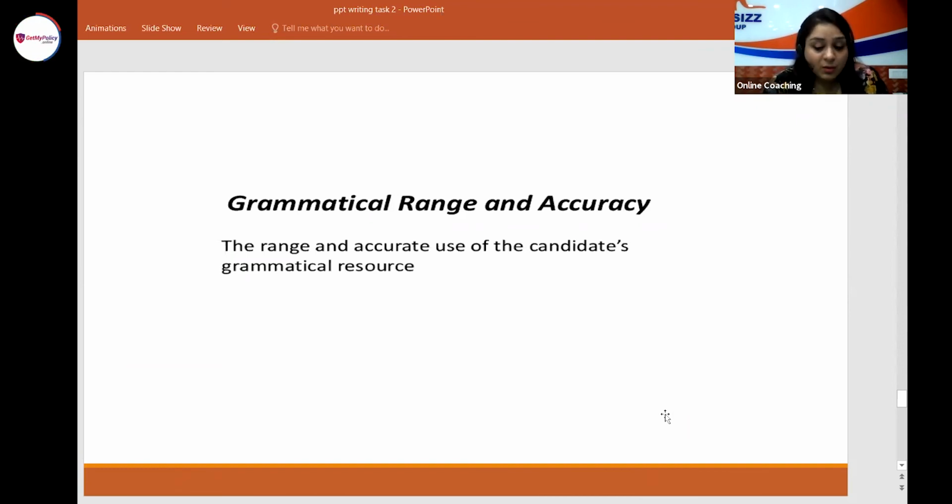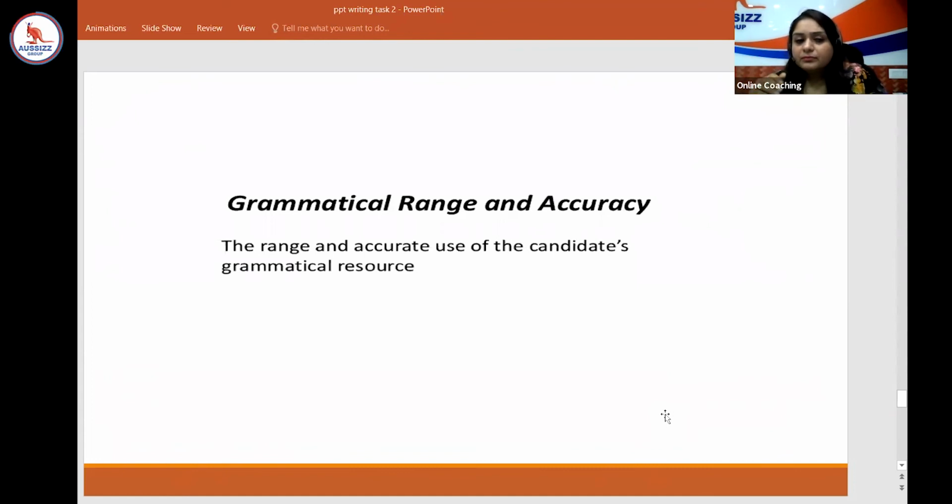But one thing I want to discuss with you, that accuracy is important, but somewhere if you're throwing errors, the examiner can ignore it. But grammar range will give you good bands, because your examiner understands that although you're not good at accuracy, some of the errors are there, it's fine, but you have used a wide range of grammar.